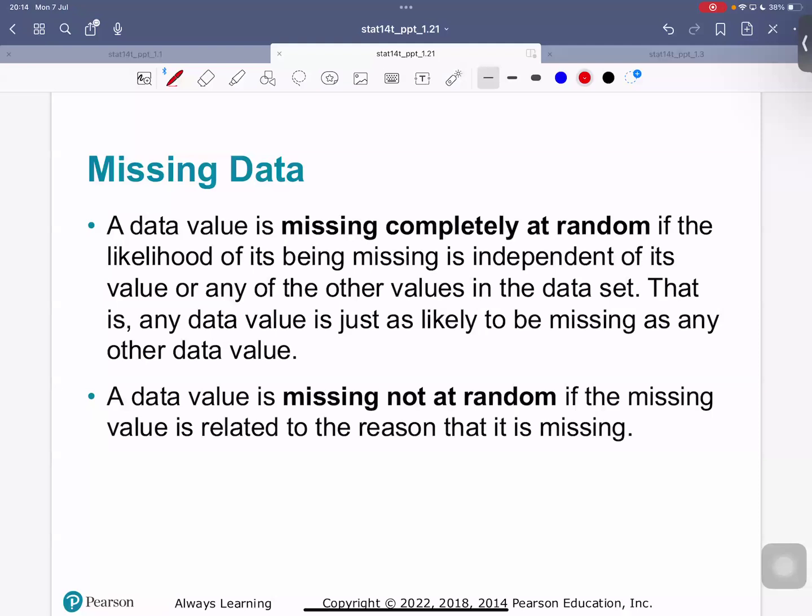So in this case, the reason the data is missing is related to the people who did that on purpose. They didn't want to release the information, so that is not at random. The reason that it's missing is privacy.